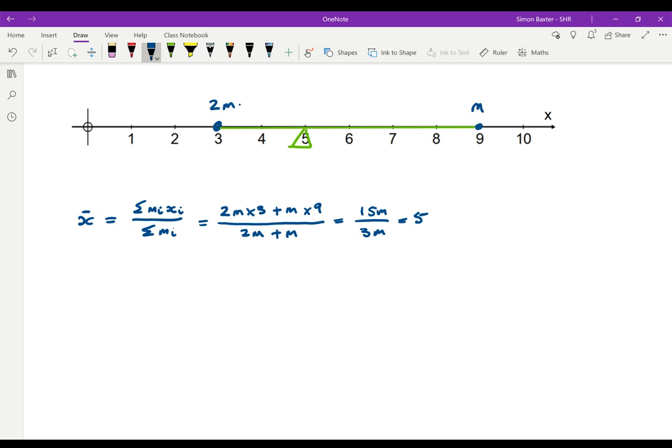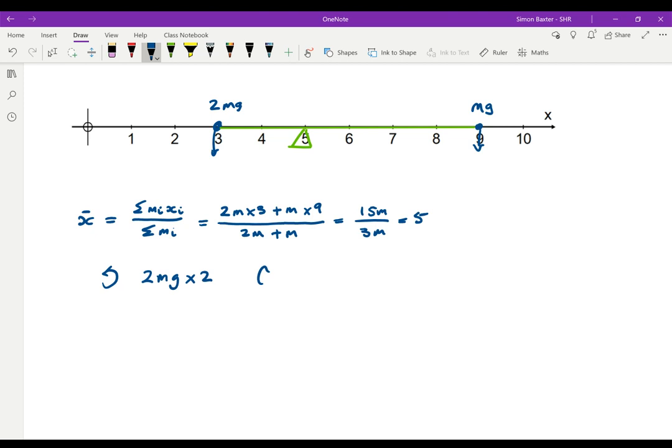Then we would have here a force downwards of 2mg. We would have here a force downwards of mg. And if we look at the anti-clockwise moments about the pivot, we would have force times distance, 2mg times 2, distance from 3 to 5.